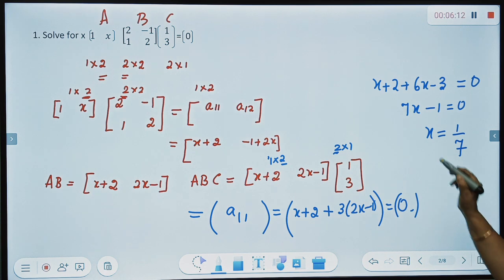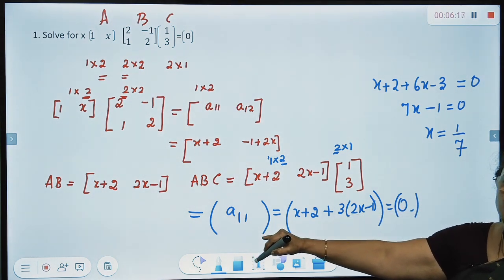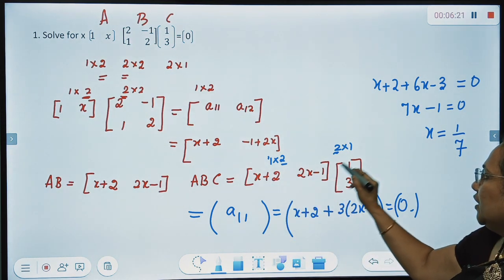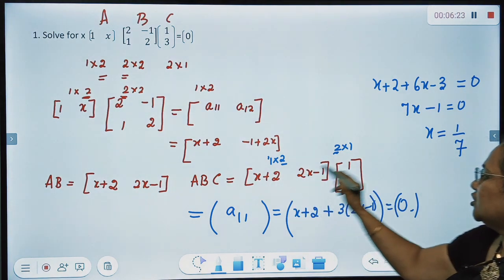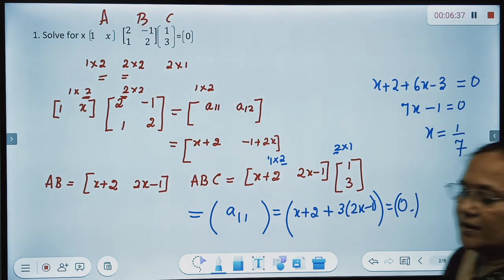So the entire product is, you can see, just one single element A11. And what is that element? This row multiplied by this column will give you x plus 2 into 1 plus 3 into 2x minus 1, and that is equal to 0. So x plus 2 plus 6x minus 3 equal to 0. So 7x minus 1 is 0, or x equal to 1 by 7.